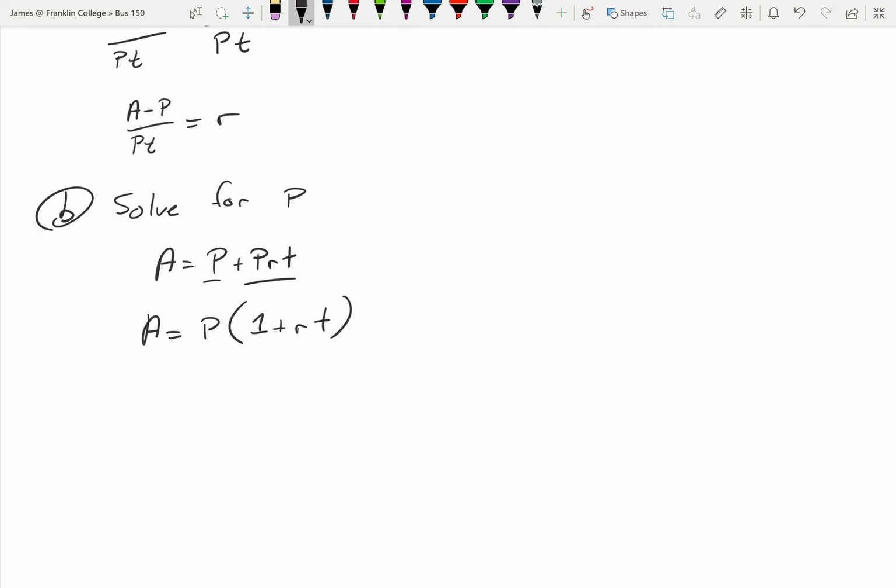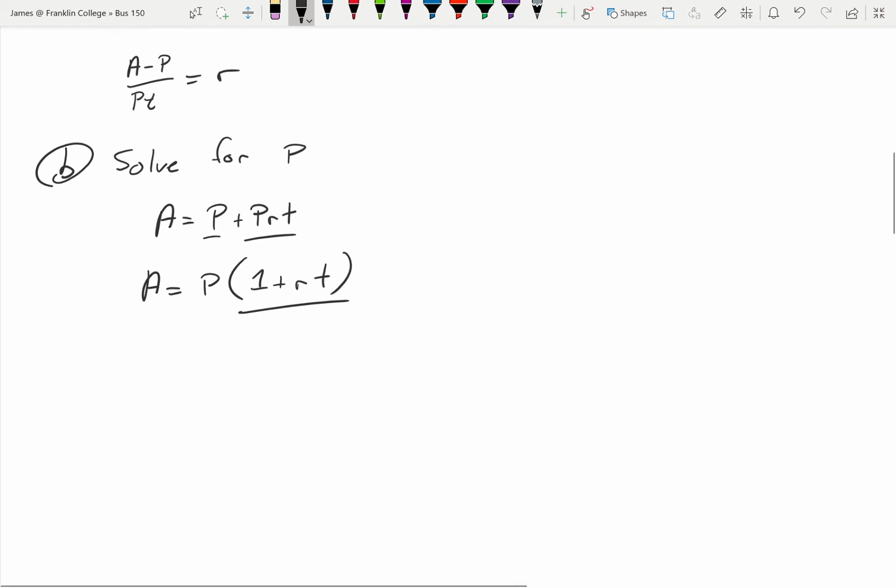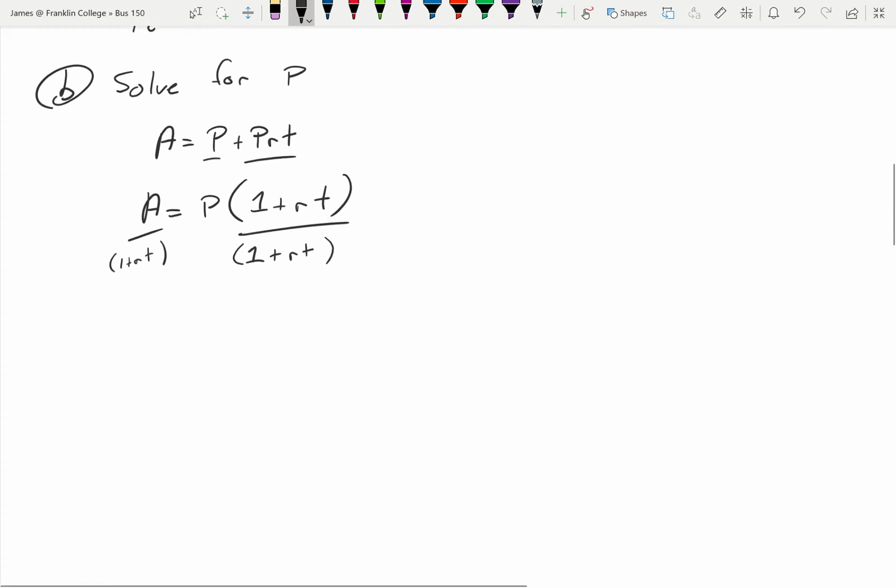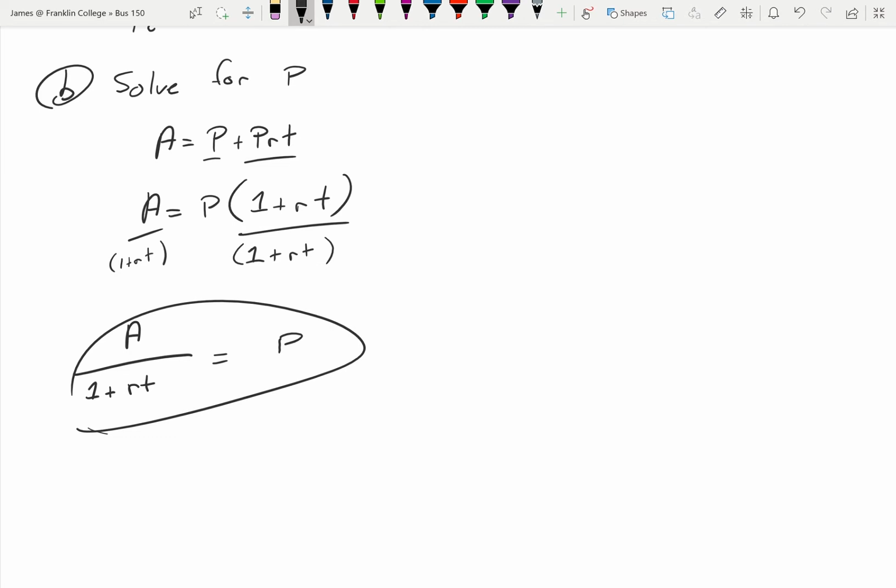Now on the right-hand side of the equation, we have P times this thing. So we can divide both sides of the equation by that thing, and that will solve for P. So we divide both sides of our equation by (1 plus rt), let's put that in parentheses to make it a little clearer. So we're going to get A divided by (1 plus rt) equals P. And that's how we can solve for P.